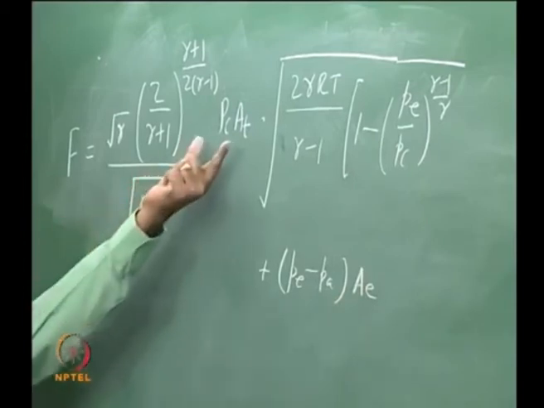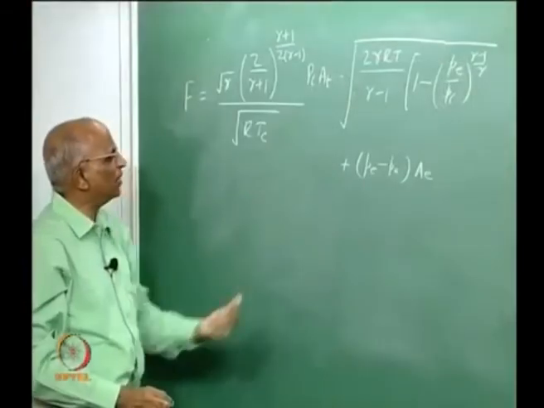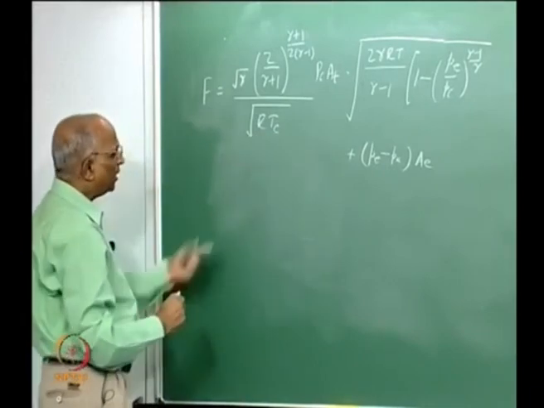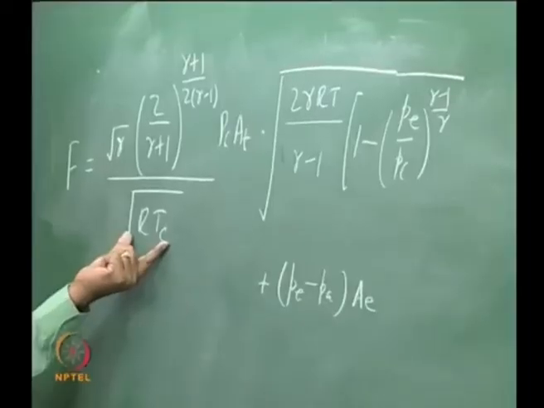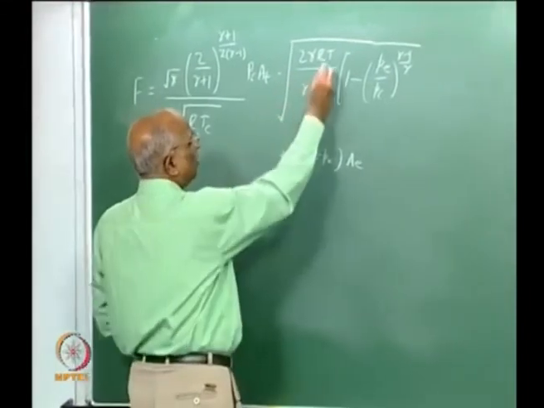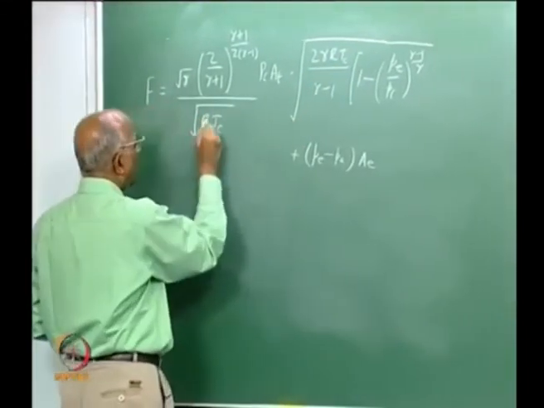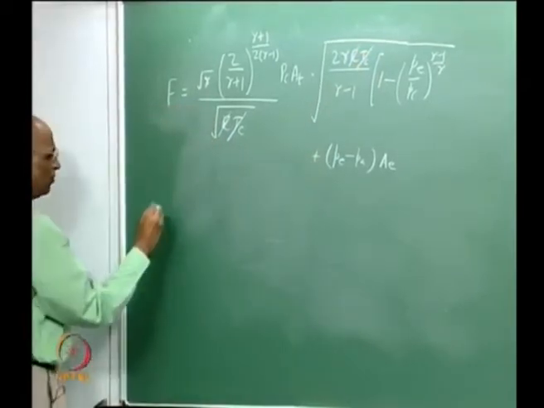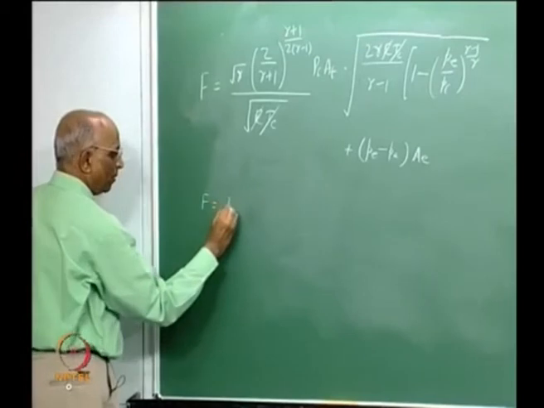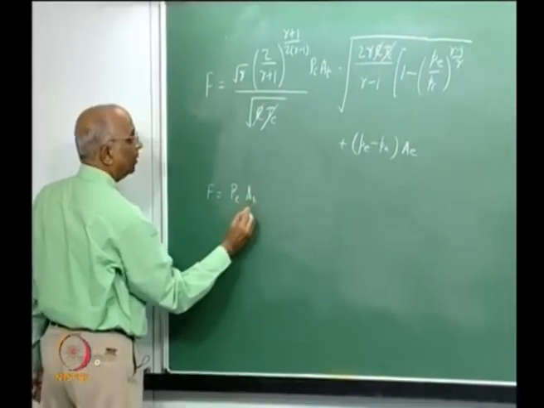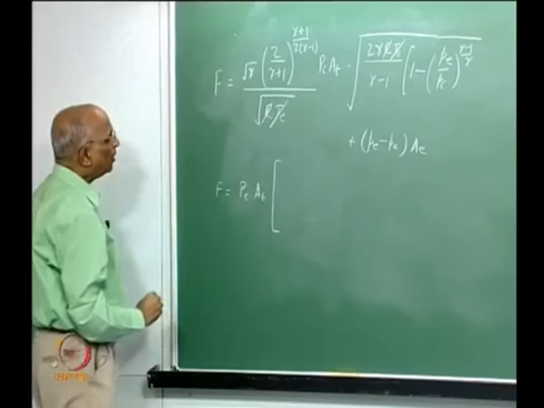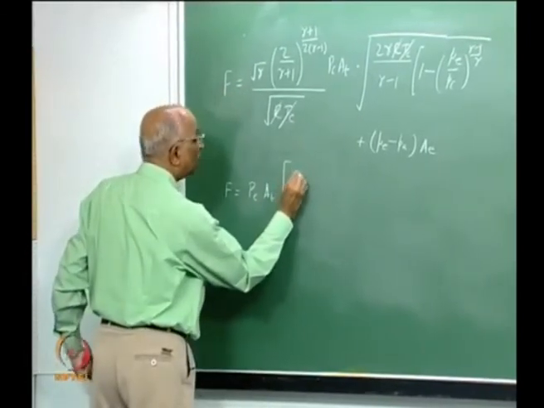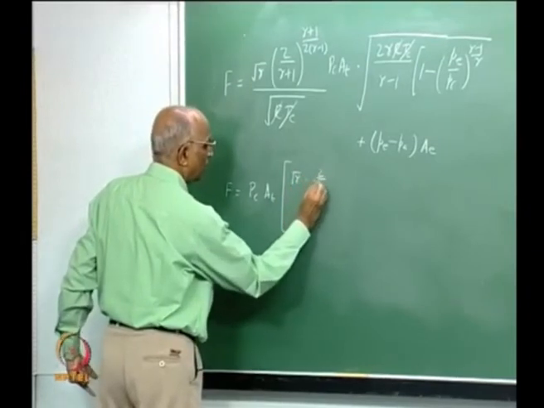Therefore, now if I take PC AT outside and simplify this whole expression again, can I cut off some numbers? I get RTC over here, and this was equal to 2R chamber temperature TC over here. Therefore, R and R get cancelled, and my expression for the thrust is equal to PC AT into, now I look at these numbers, I still carry under root gamma 2 over gamma plus 1.